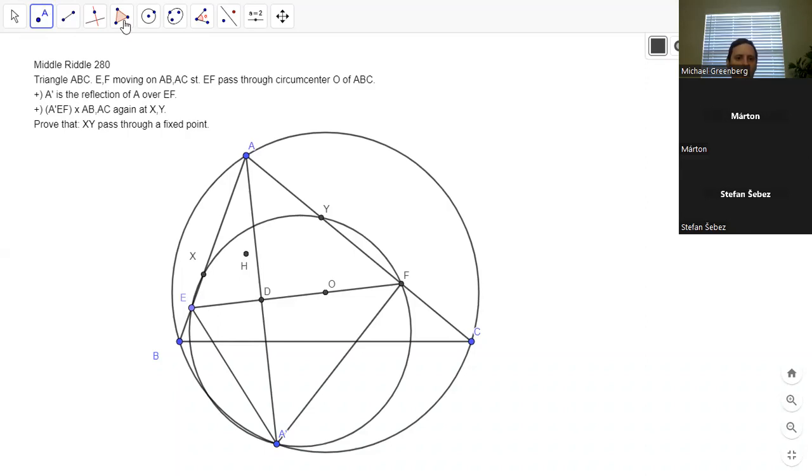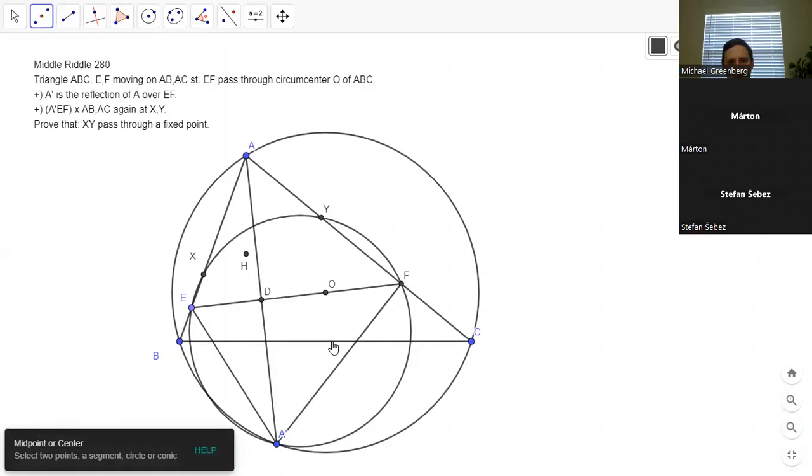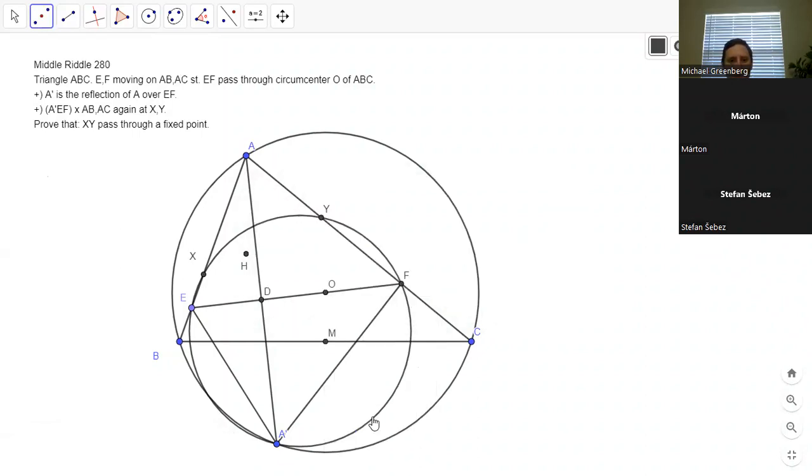And also AH, maybe we can take advantage of this. AH is twice OM. So AH over AO is 2OM over AO. So maybe we could find similar triangles somehow.